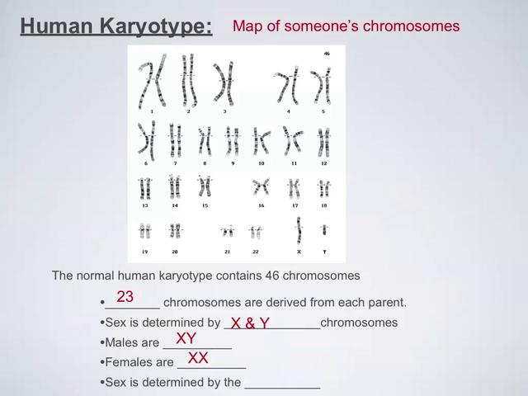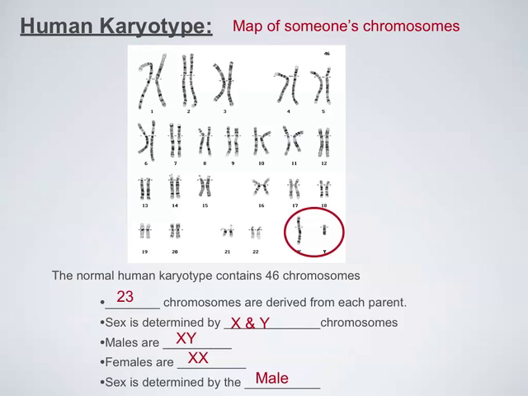Now, if you think carefully about how reproduction happens and meiosis, which parent is responsible really for determining the gender of the offspring? Natalie? The male. Why did you say that? Because females only have XX. Yes, because the male determines the gender of the offspring, and that should make sense.